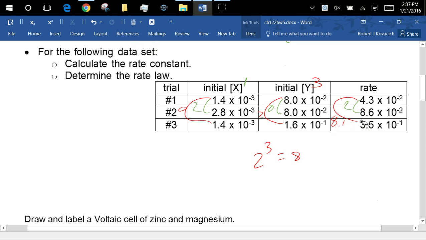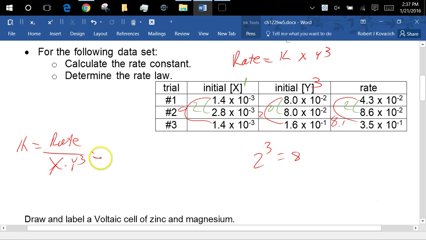All right, so how do I calculate my rate constant? My rate constant is equal to my rate divided by my x and my y cubed. So I just pull any data set I want. So 4.3 times 10 to the negative second divided by 0.0014 times 0.08 cubed.